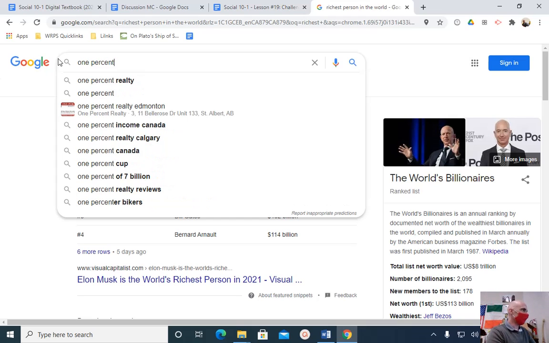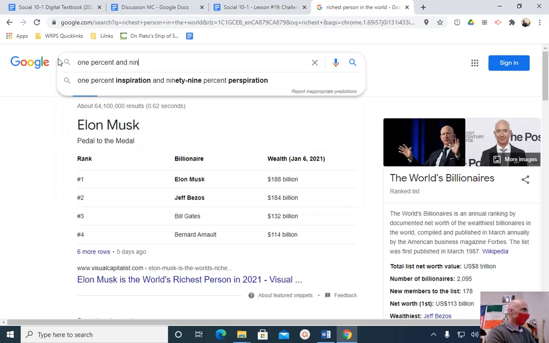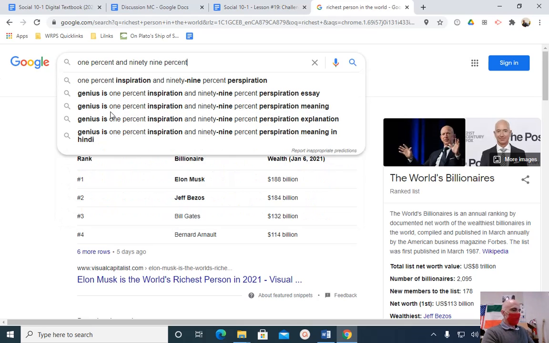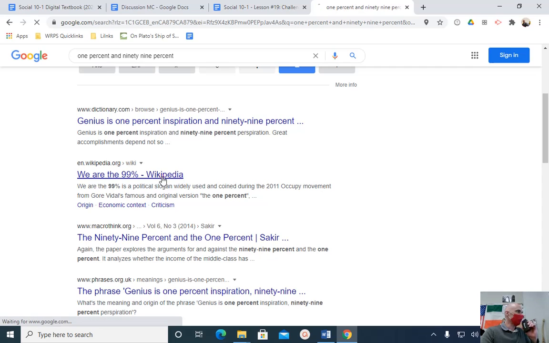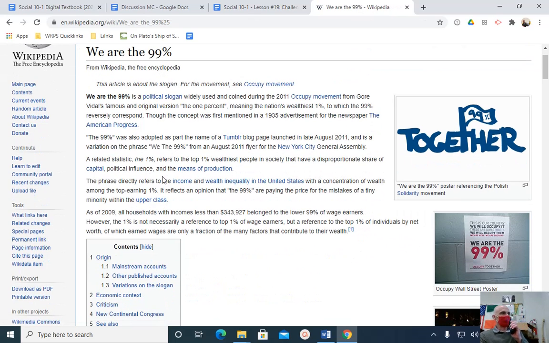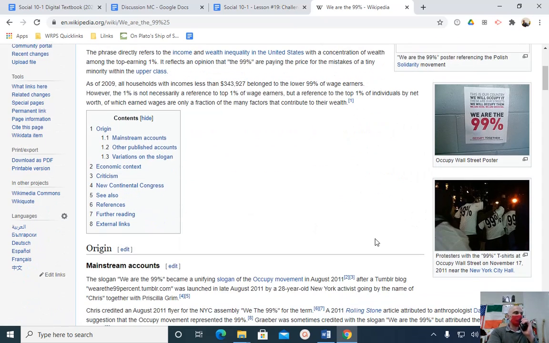I did put an R at the end. The 1% and 99% come from the magazine Adbusters. So 1% and 99% came from a magazine called Adbusters, and they created a movement called the Occupy movement.